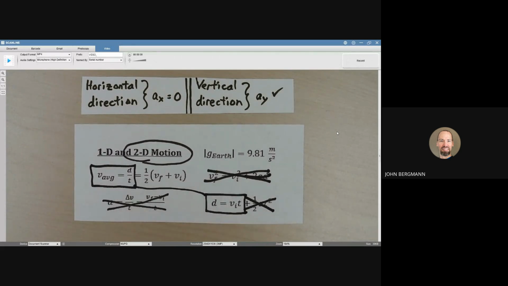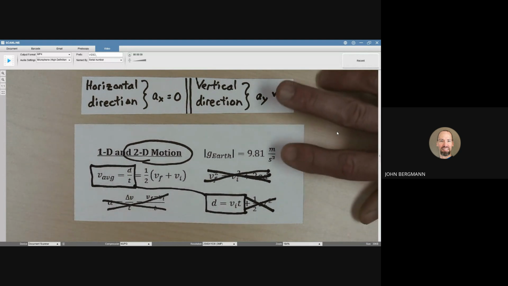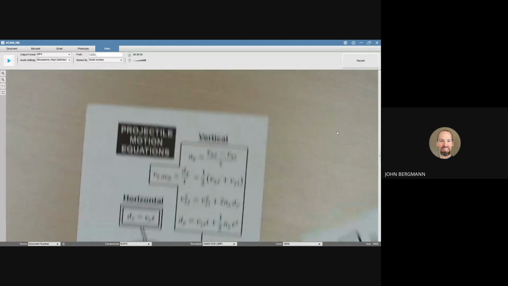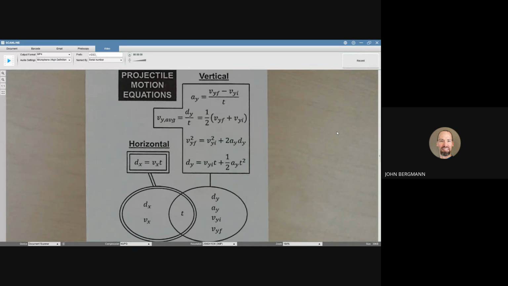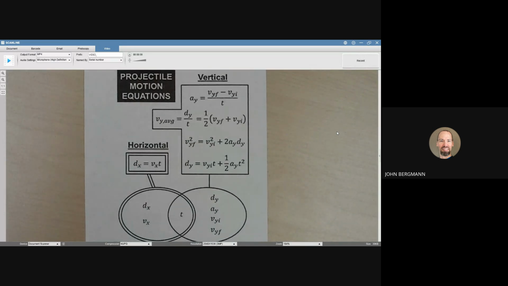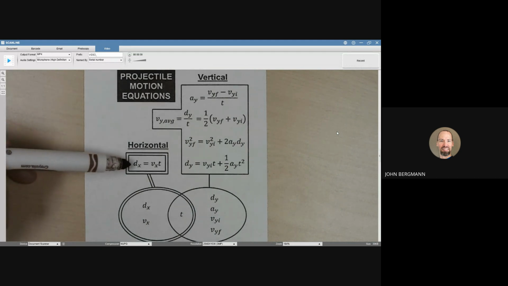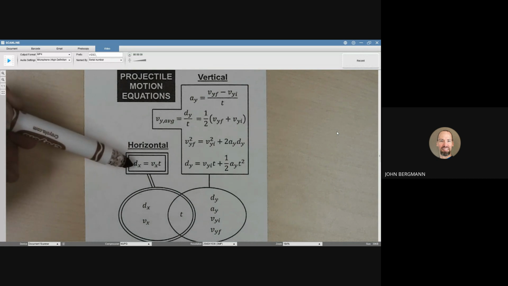All of the equations apply in the y direction. And that is why I came up with this chart to help us focus in doing the problems. You see here in the x direction, it's basically just d is equal to v times t.